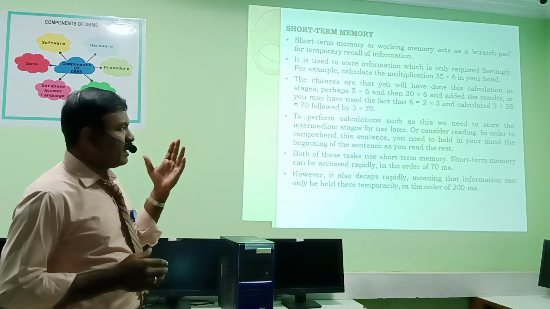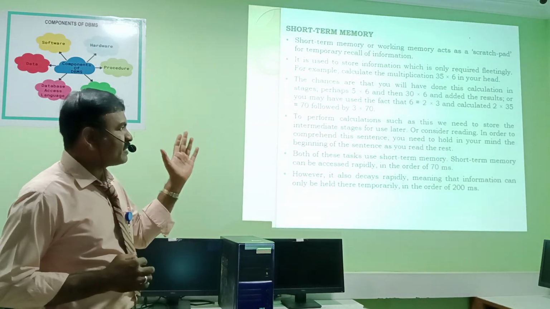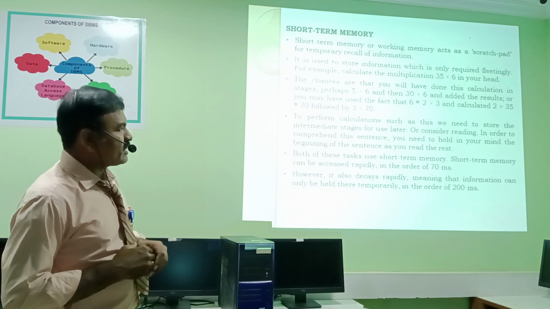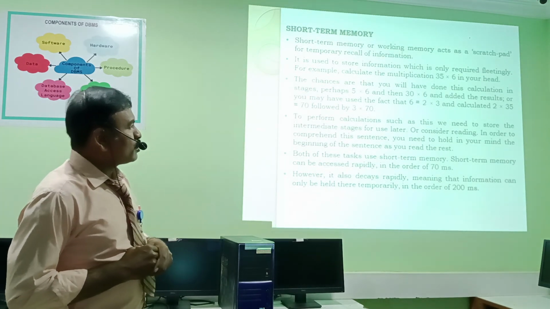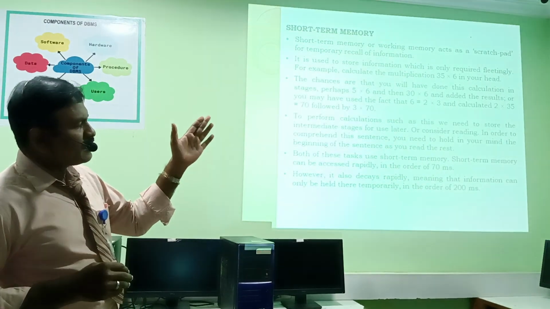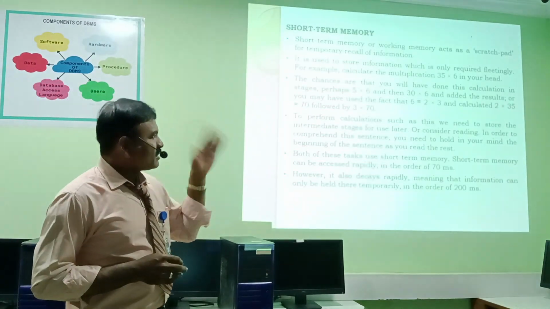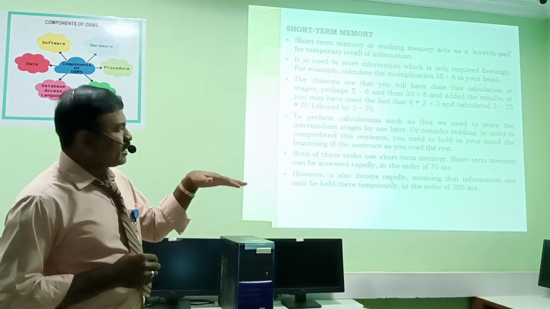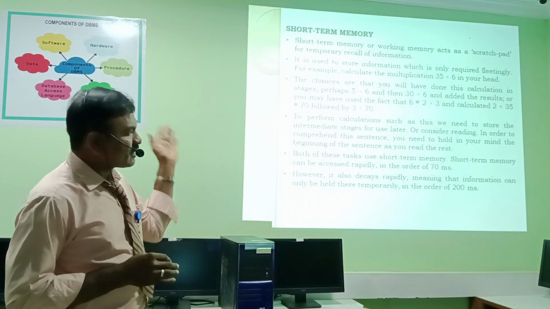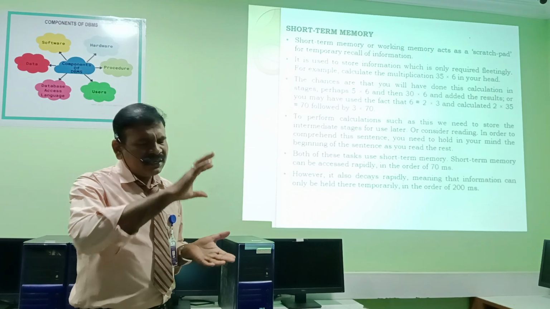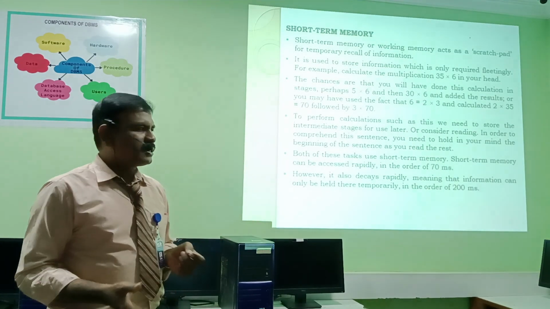Chances are that you will have done this calculation in stages. Different sizes are indicated here. So it is performed like that: 5 into 6, 30, then 30 into 6, then 2 into 3, 6, it is 70, 3 into 70, like that. We calculate it from different perspectives.